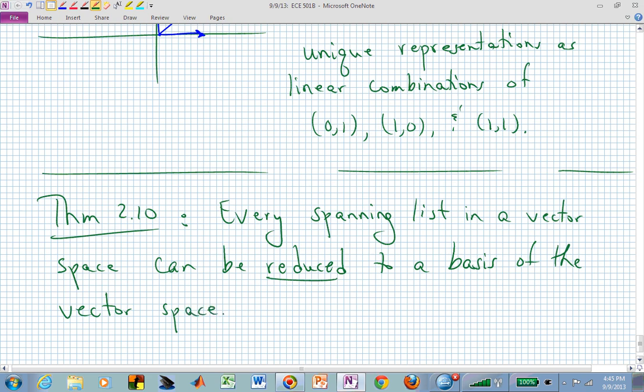And this is now playing on the idea that you can have a spanning list that contains linearly dependent vectors. So every spanning list in a vector space can be reduced. You can throw away vectors until you find what? A set that's linearly independent, and then you have a basis. That's really what this is saying.